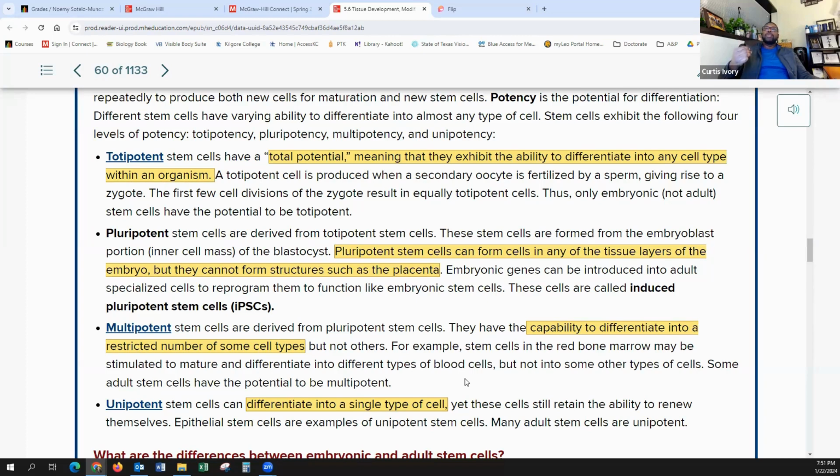But if they go into unipotent, once they become a smooth muscle, they can only become a smooth muscle. They can't become any other type. So essentially each level gets more narrow of the things that they can become, to the point to where they can only become one thing. So that's one thing about stem cells: they can become anything until they start getting programmed to be more specific, and then they can't ever go back. They can only become that one thing at that point.